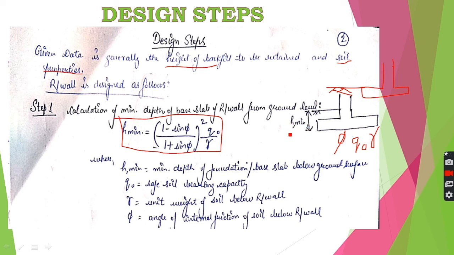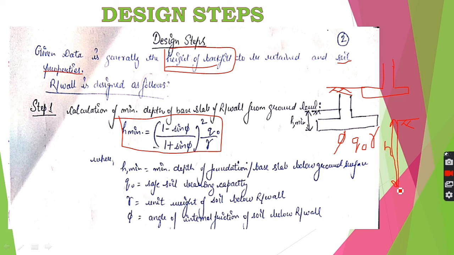Why are we calculating this value? Because you have been given the height of backfill, that is, if this is the backfill, this is the slope which you have to retain, this is the portion which you have to retain. So this much height you will be given, height h, let us call it small h.